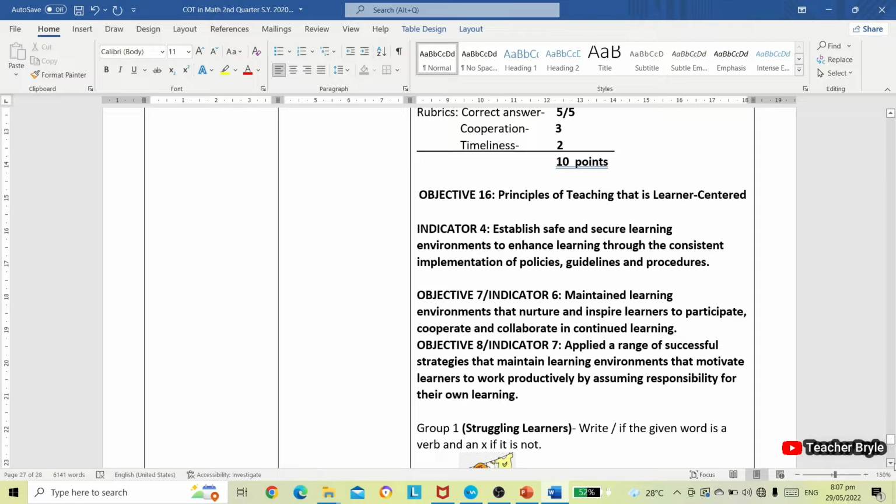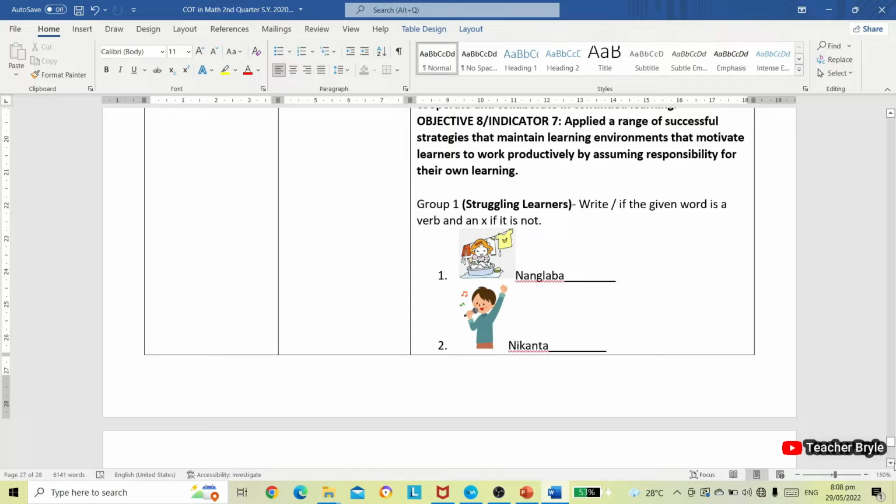Objective 7 or Indicator 6, maintain learning environments that nurture and inspire learners to participate, cooperate, and collaborate in continued learning. Objective 8, Indicator 7, applied a range of successful strategies that maintain learning environments that motivate learners to work productively by assuming responsibility for their own learning.